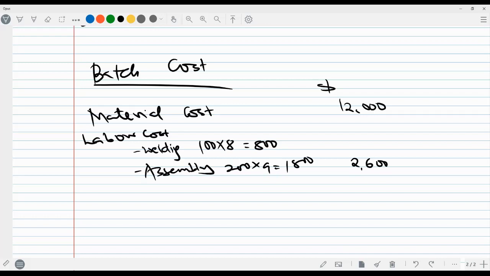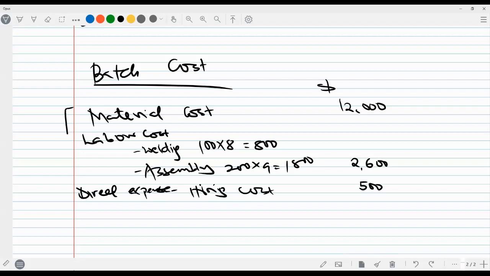Then we also have another cost I saw somewhere. Yes, the cost of hiring special X-ray equipment for testing the welds: $500. The company hires a machine costing $500 to inspect the welding. Don't forget this is a direct expense. Let me just call it X-ray hiring cost, which is equal to 500.